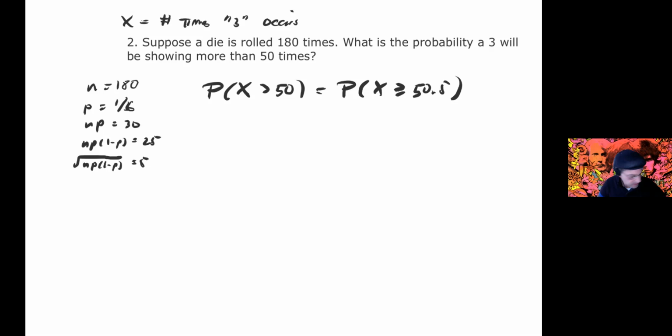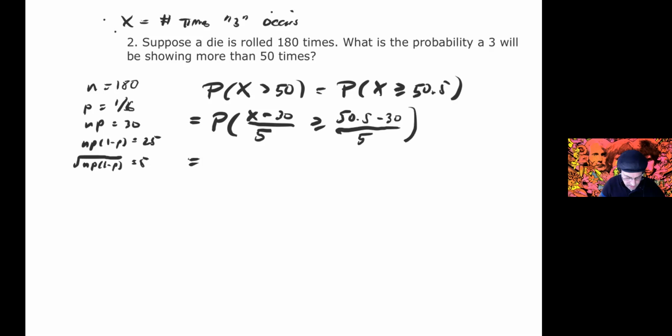Now we can renormalize: (X minus n times p, which is 30) over 5 is greater than or equal to (50.5 minus 30) over 5. This is approximately the same thing as the probability that Z is greater than or equal to 0.82.